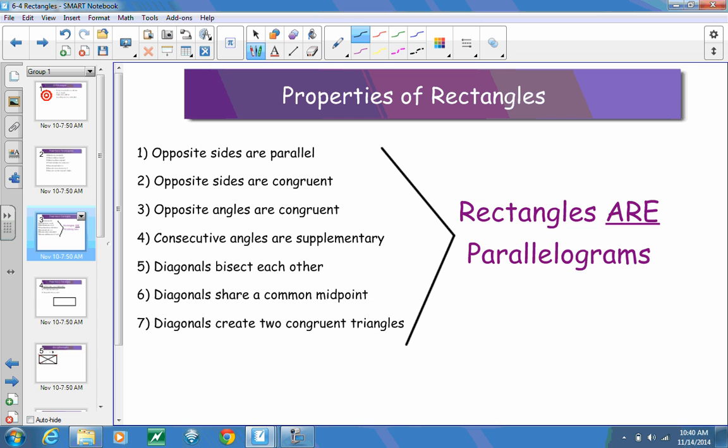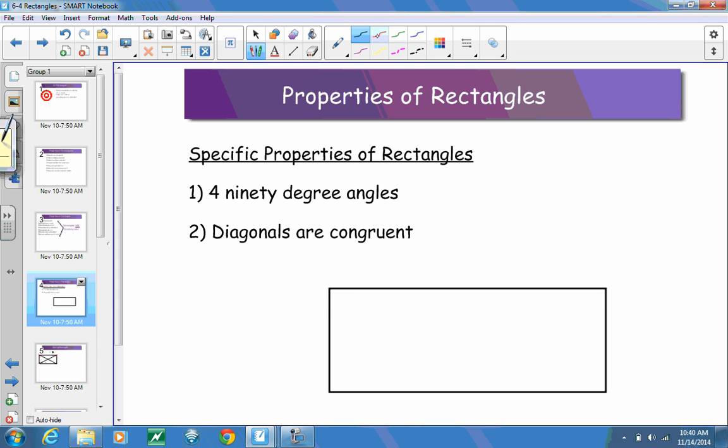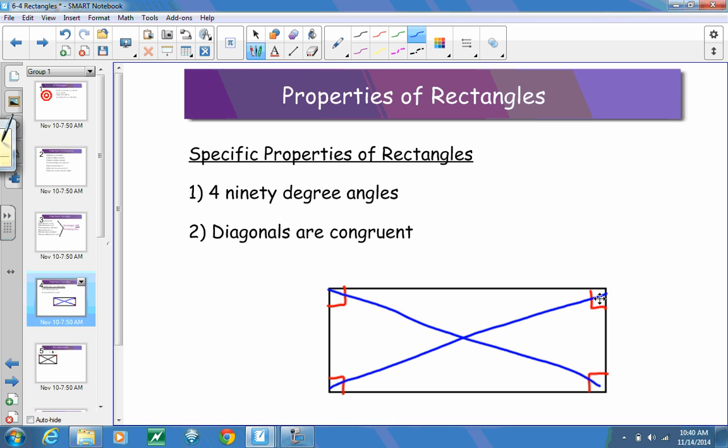Now on top of that, rectangles have a few specific properties that are only applied to rectangles and not to every parallelogram. And those are the fact that you must have 4 90-degree angles to be a rectangle. And you also need to have diagonals that are congruent to each other. Now, what we know about parallelograms is diagonals are not always congruent to each other.